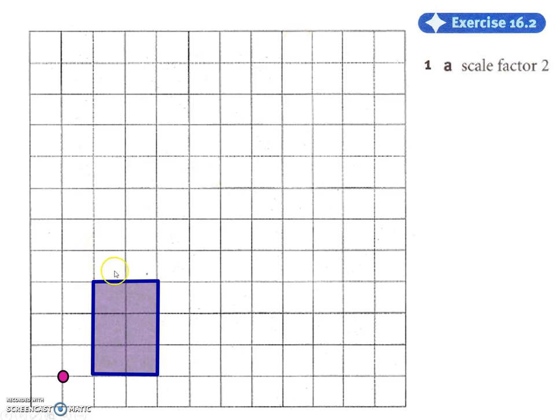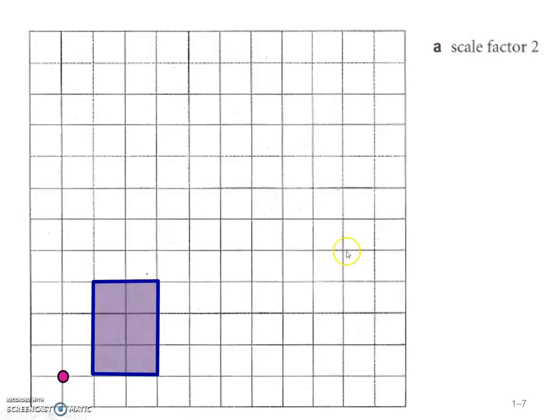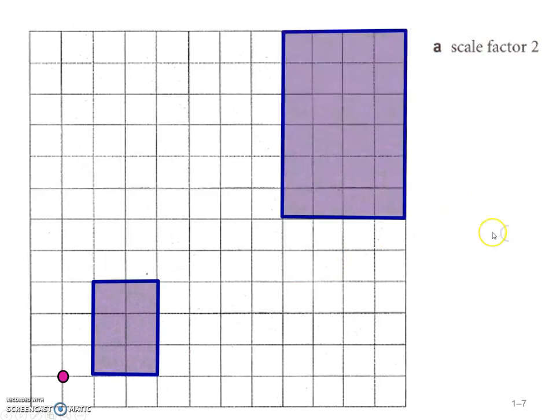Basically, if you look here, the length of one of the sides here is 2 units. So the scale factor is 2. So by right, we can say that all the sides will be doubled.